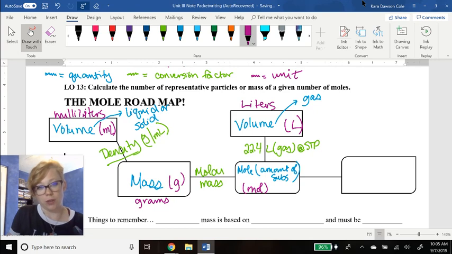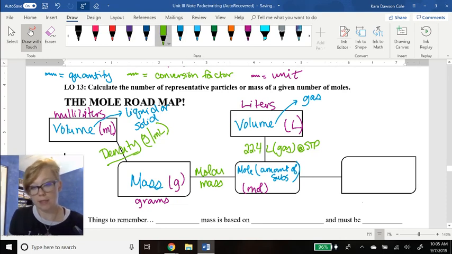I also know the mole is equal to three things: the molar mass, 22.4 liters of a gas at STP, and it is also equal to Avogadro's number, which is 6.022 times 10 to the 23rd particles.